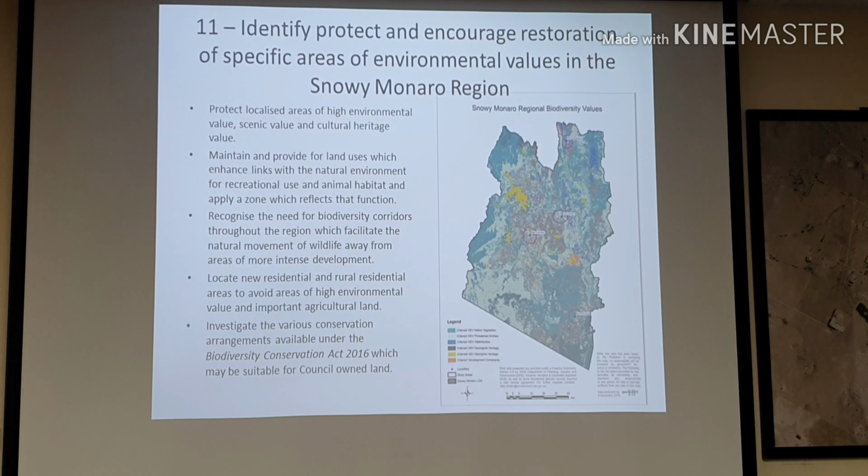So whether that's through land zoning and environmental protection zones, or through environmental biodiversity overlays, but also protecting waterways and riparian corridors as well, which is very important for our drinking water supply and also for a number of endangered ecological communities.